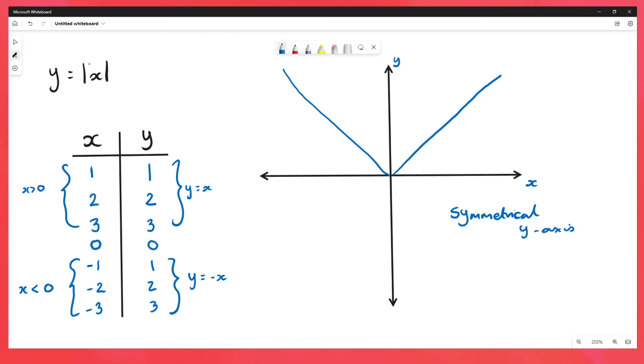But generally, if we've got the modulus of a linear function, the gradient of this part will be minus the gradient of this part. Other key point is when the modulus is around everything, so we've got nothing outside here, the entire graph is above the x-axis.